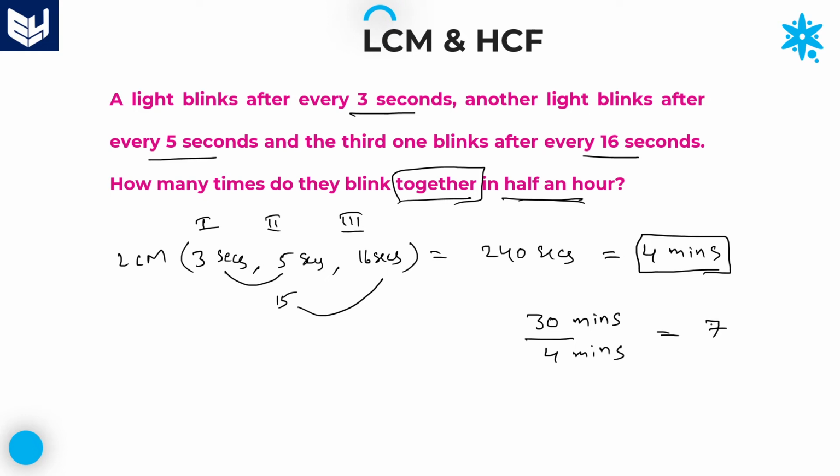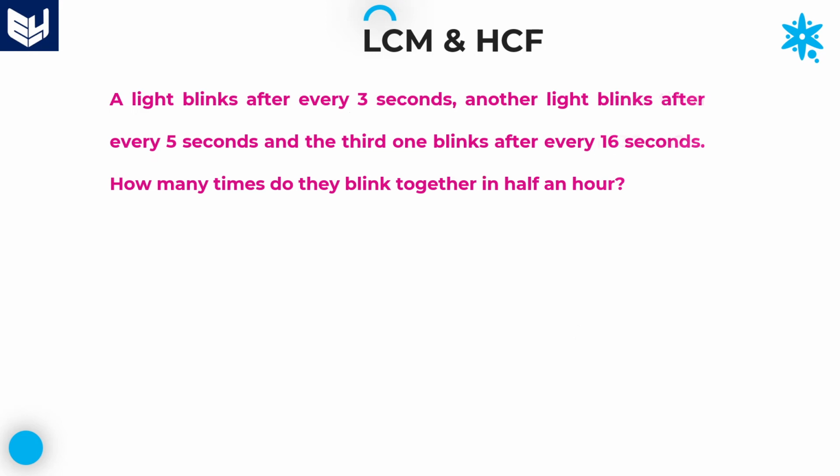Up to 28 minutes, 7 times all three lights will blink together. But the 8th time will not happen. For the 8th time we require 32 minutes, because 32 by 4 is 8. But up to 30 minutes, only 7 times will they blink together. 7 is the answer for this question.